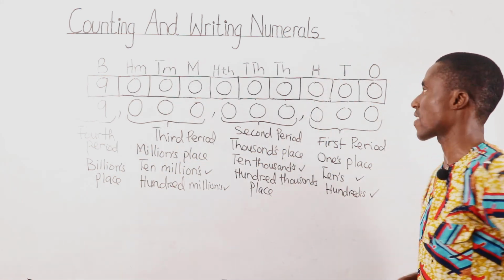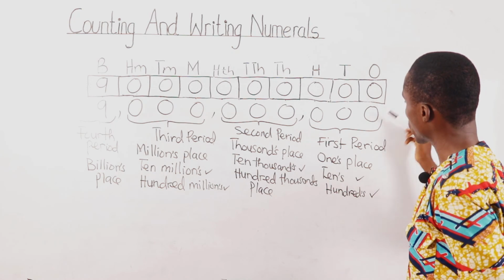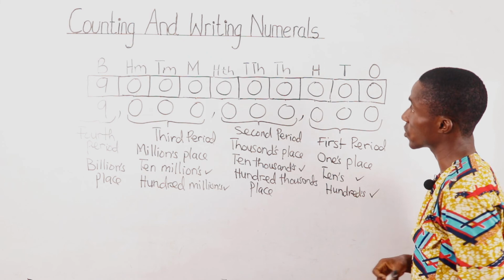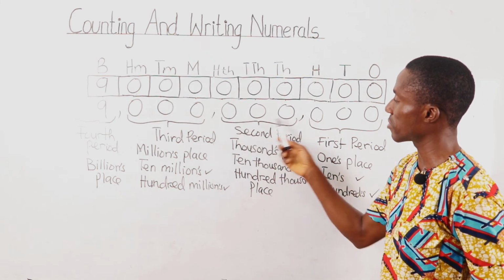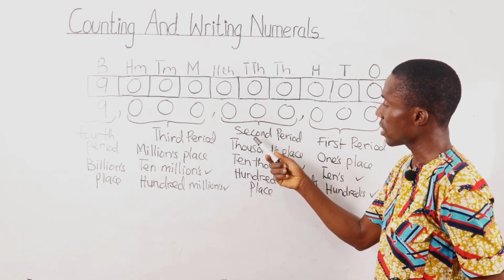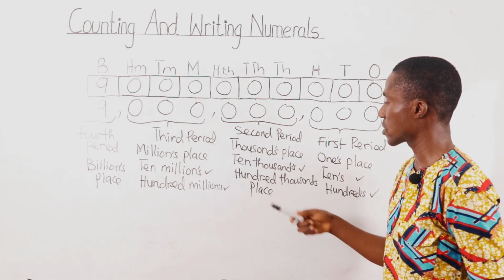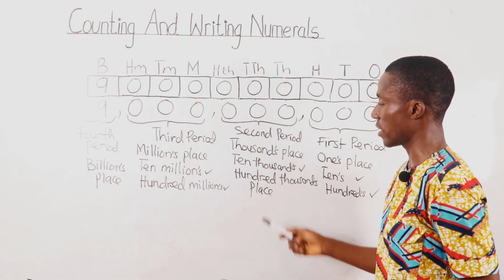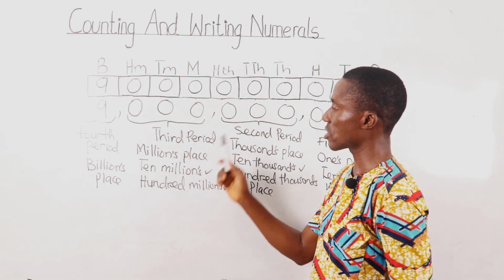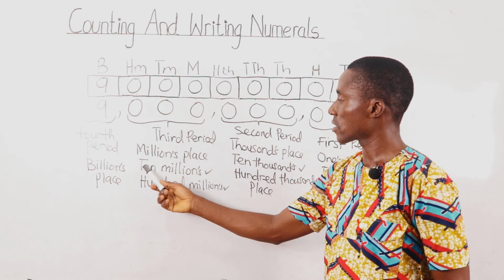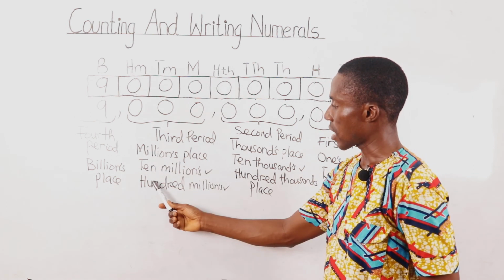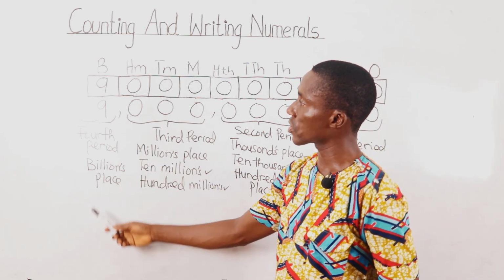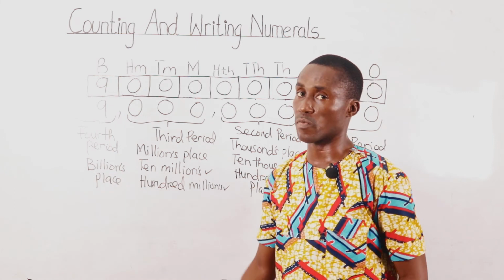So we realize that our first period contains the ones place, the tens place, the hundreds place. Our second period contains the thousands place, the 10,000s place, and the 100,000s place. The third period contains the millions place, the 10 millions place, and the 100 millions place. And the fourth period, we have the billions place.